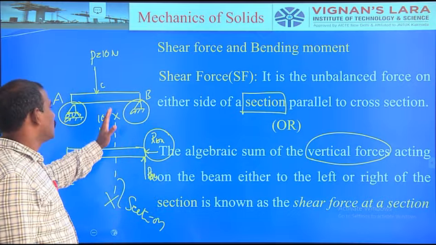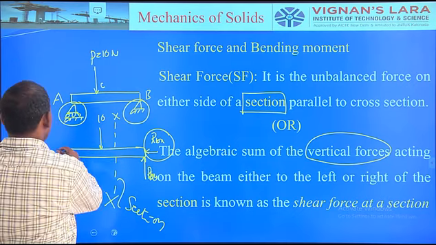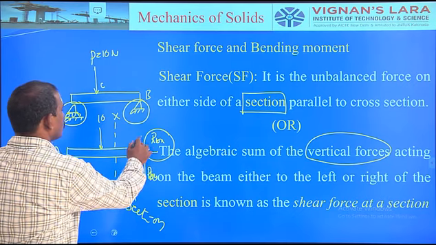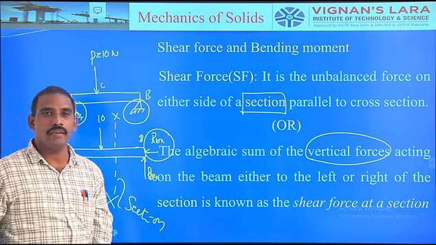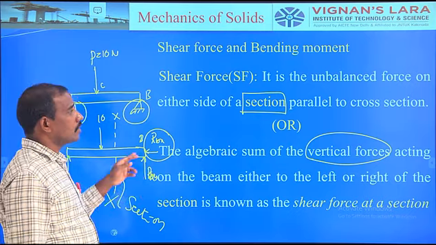What is the section? The beam AB is divided into two parts by a cutting plane that is represented with the x-axis. That is called a section. Left of the section is called the left portion, or right of the x-axis line is called the right section. It is always perpendicular.